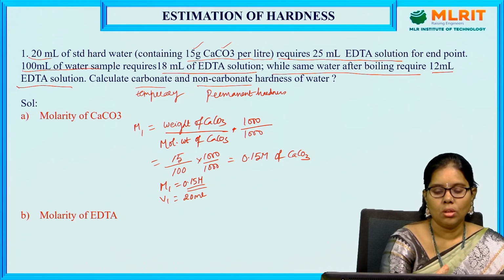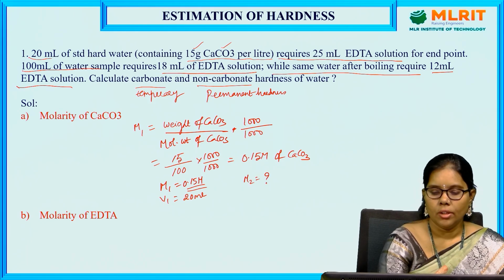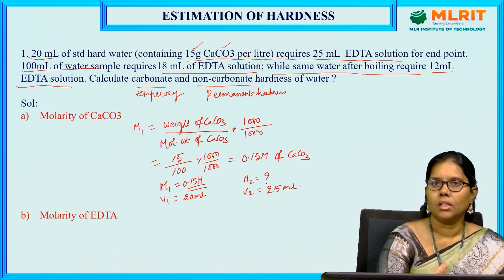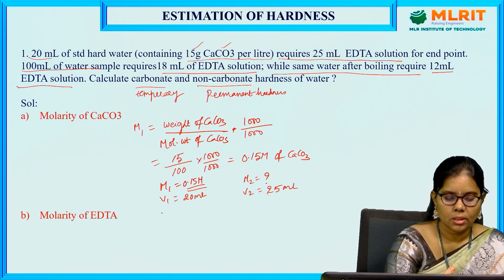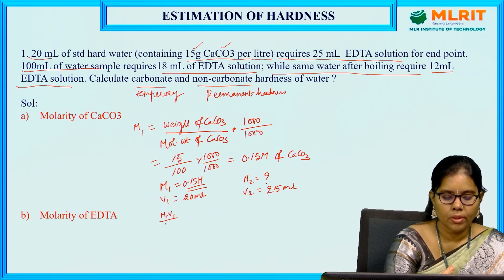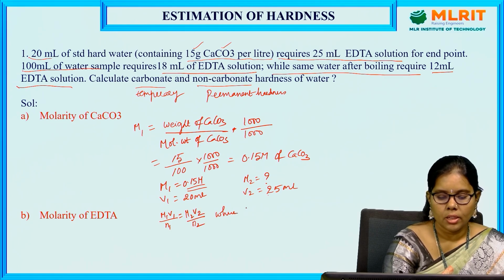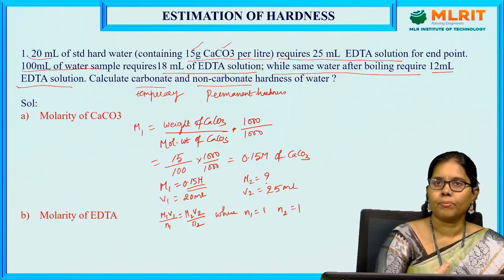M2 is the molarity of EDTA, which we have to find out. V2, the volume of EDTA consumed, is given as 25 ml. So our formula is M1V1 by n1 is equal to M2V2 by n2, where n1 and n2, the number of moles in the reaction, are equal to 1.